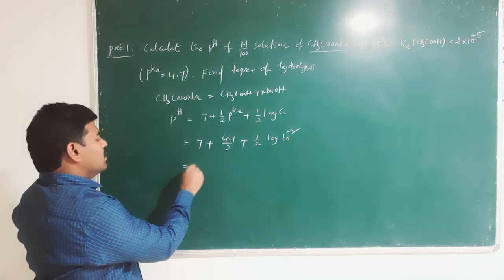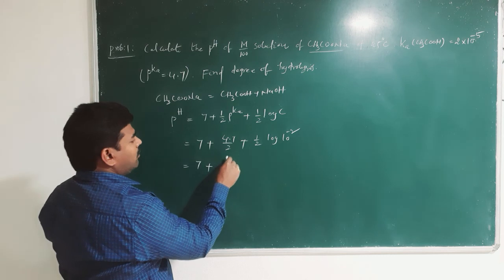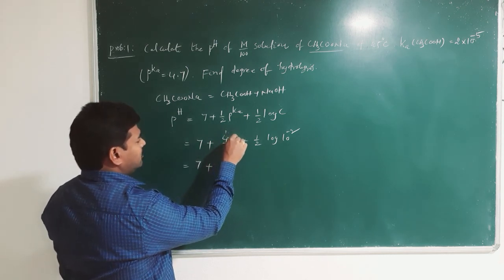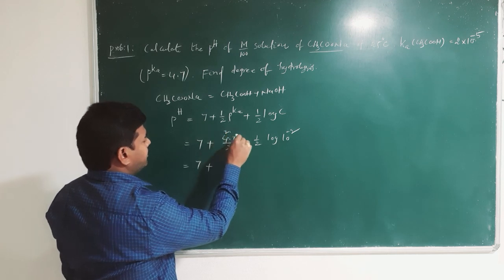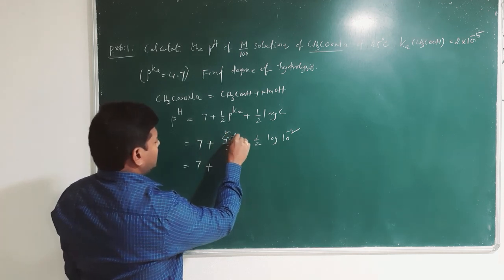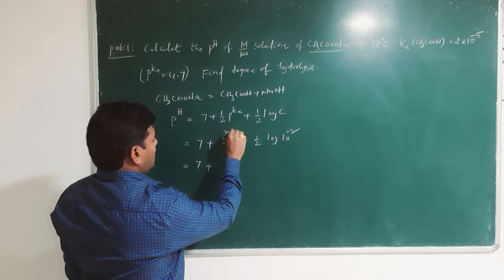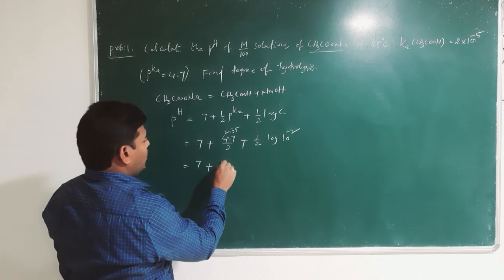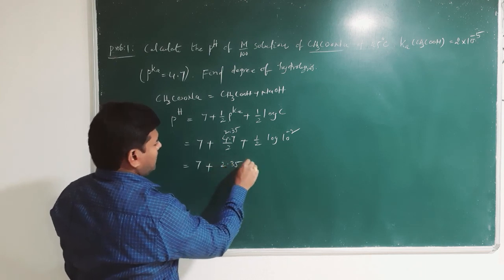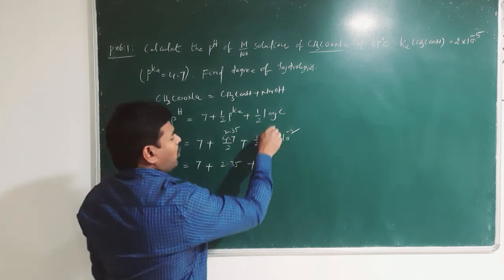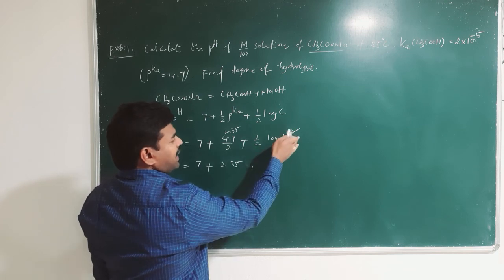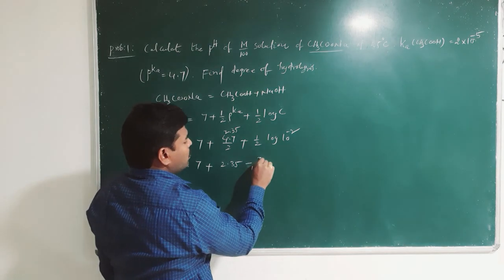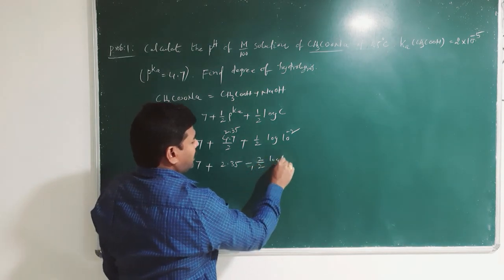So 7 plus 2.35 plus 10 power minus 2, when minus 2 comes before the logarithm, that is minus 2 by 2 log 10.